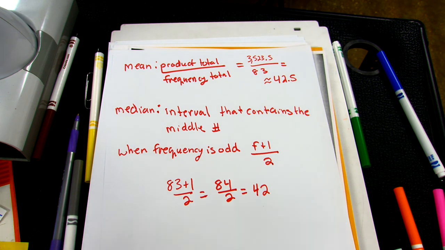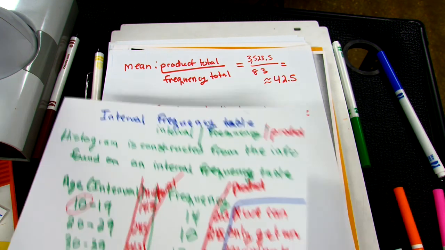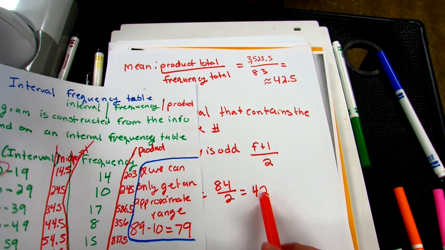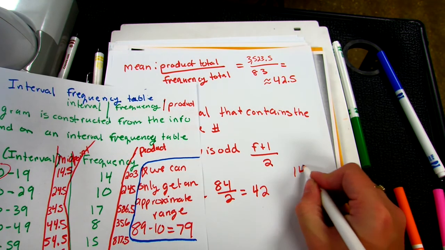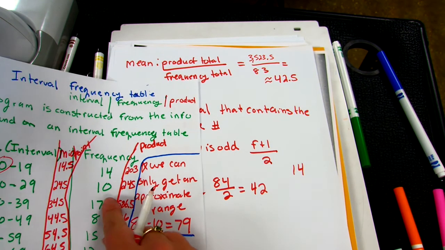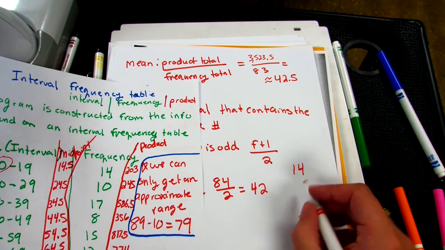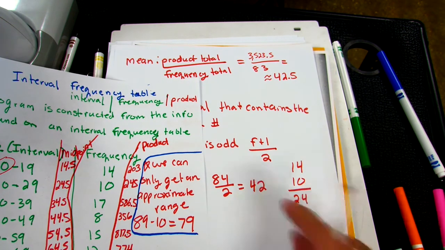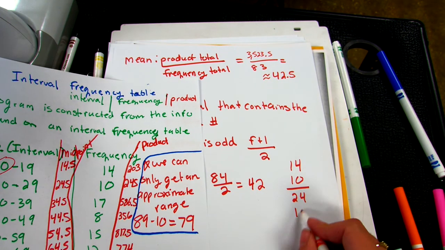So let's look at our intervals, right? The first interval has 14 numbers in it, okay? So again, we're looking for the 42nd. So we've got 14 numbers in the first interval. The second interval has 10. We're up to 24. We're looking for the 42nd. The third interval has 17.